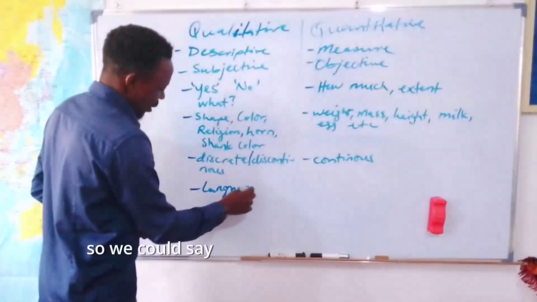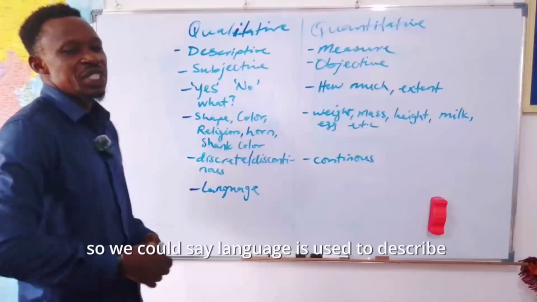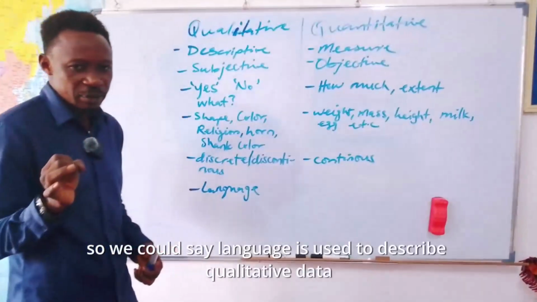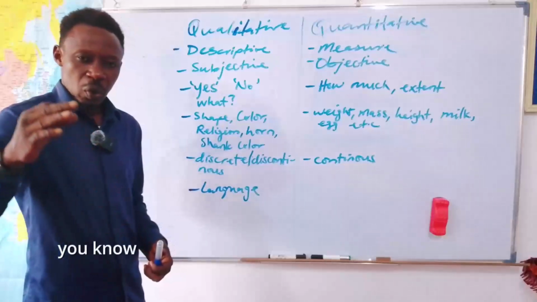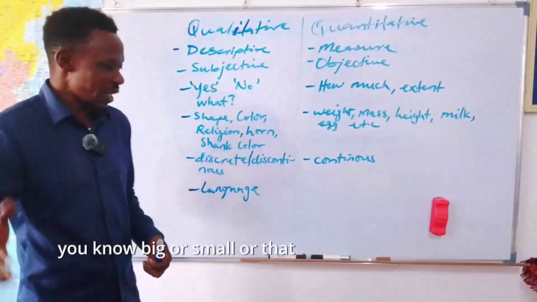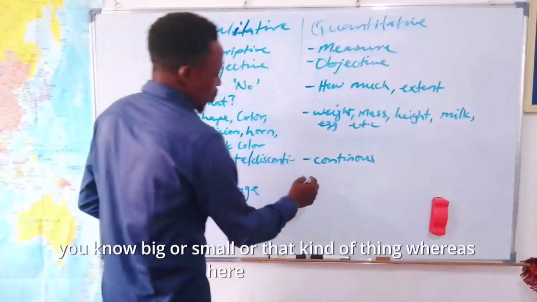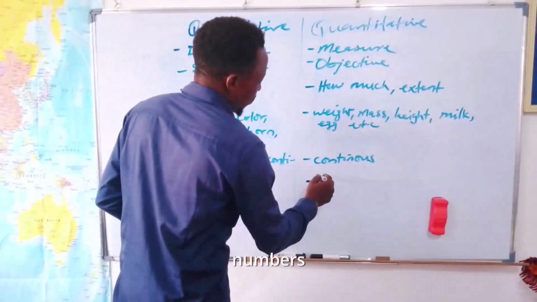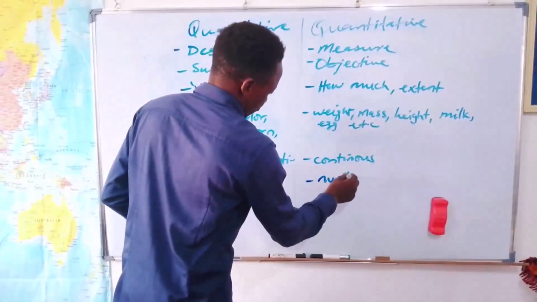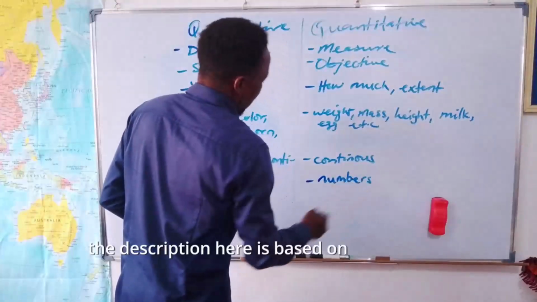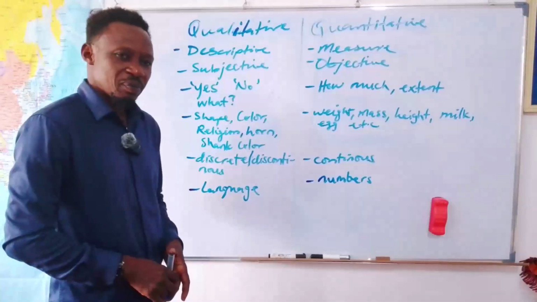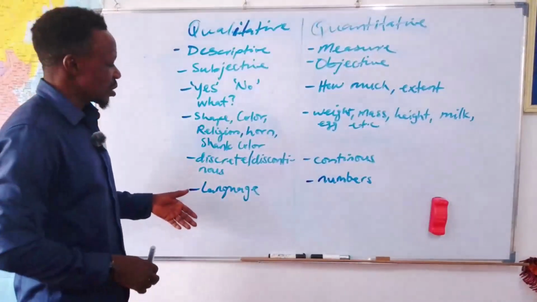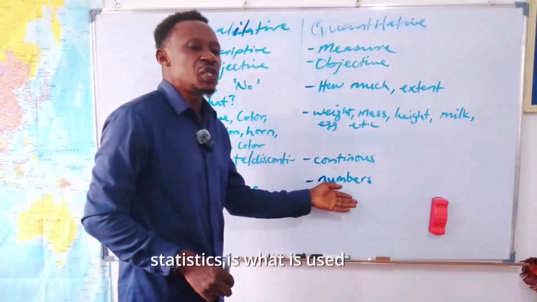So we could say language is used to describe qualitative data, that is presence or absence, big or small, or that kind of thing. Whereas here we use numbers. Description here is based on numbers. So statistics is what is used here.